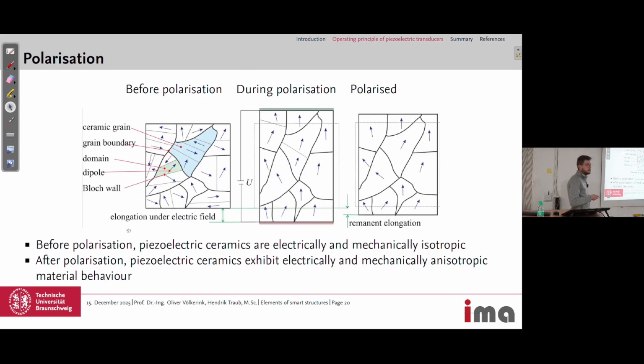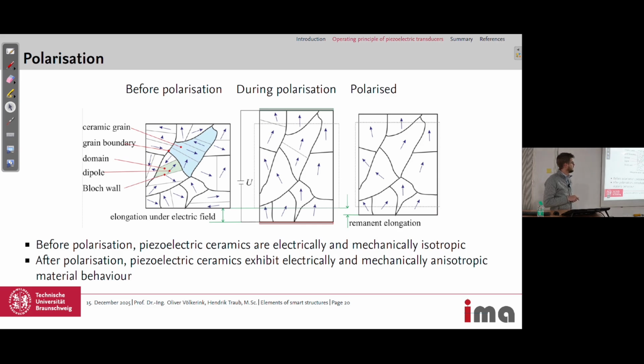If you reverse the electric field also... Reverse. Okay, sorry. So if you reverse the electric field, you would lose the polarization. That's right. Sorry, I missed it. This is one option. There's another option.